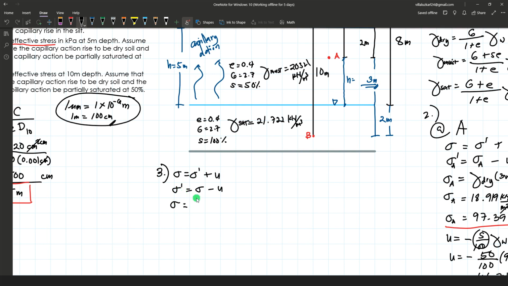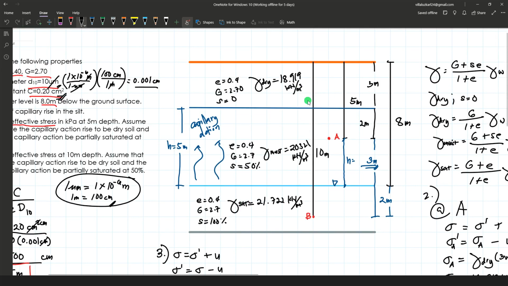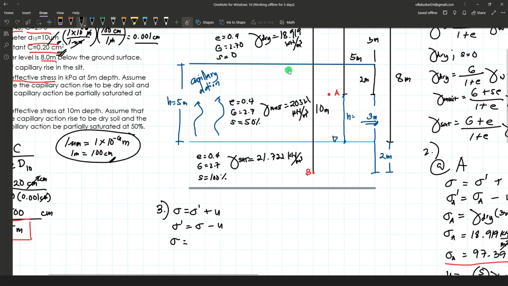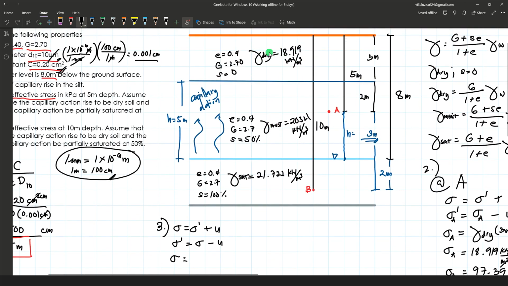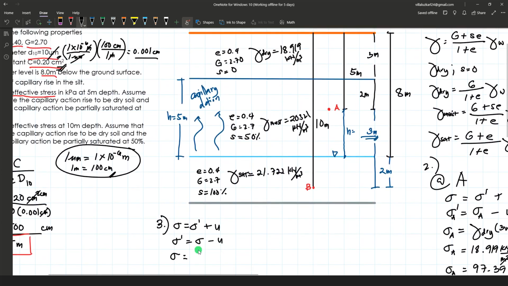We determine separately the total stress and the pore pressure. For the total stress, just add all the products of unit weight and corresponding depth for each layer. We have 3 layers: the dry layer, the moist layer, and this fully saturated layer, which is 2 meters below the water table.